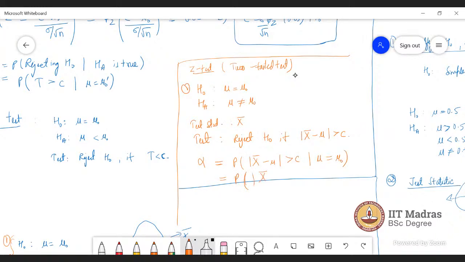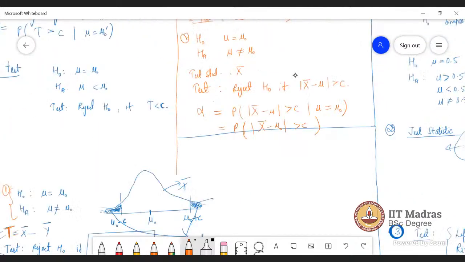So it becomes mod of x bar minus mu naught greater than c. And to convert this mod of x bar minus mu naught to the normal 0, 1 form, we'll have to divide it by standard deviation. So it becomes mod of x bar minus mu naught divided by sigma upon root n. And the same thing we'll divide on the other side, that is sigma upon root n.